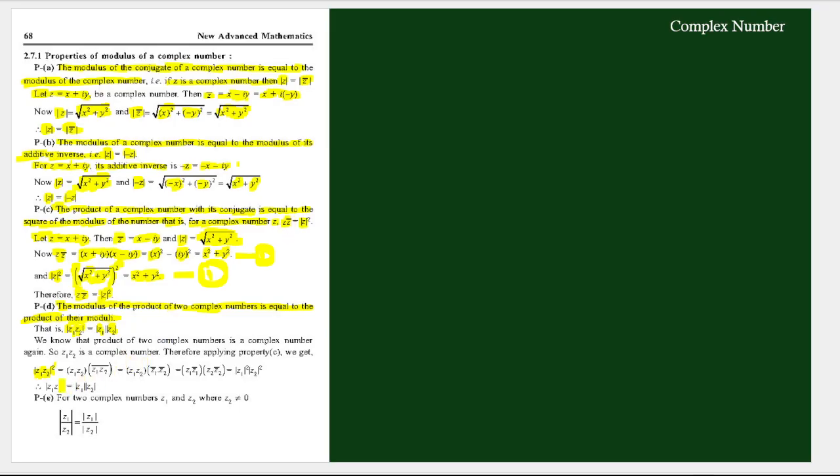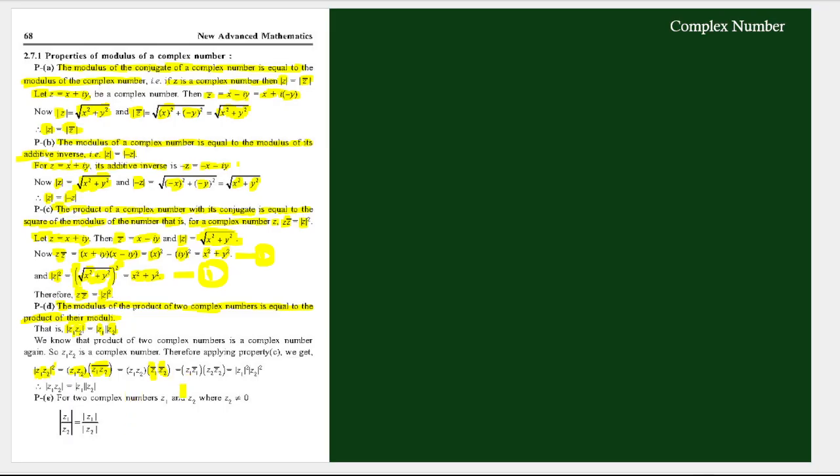So here also, z1 into z2 and its conjugate multiplied. Fine. We are using property number 3, this one. Then this one we can separate using the conjugate property.